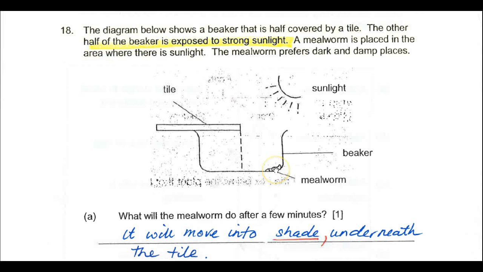It is too dry for them. They will move away to something more comfortable, a shade. The mealworm prefers dark and damp places. Most probably in the sunlight, all water evaporated, and here is more cooling and probably there's some moisture inside.